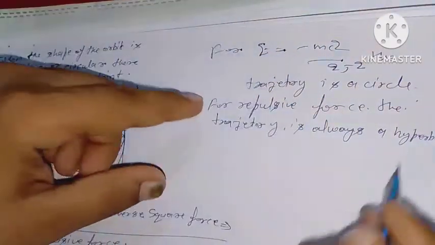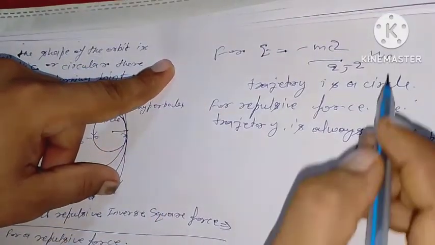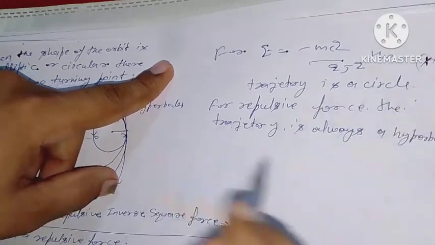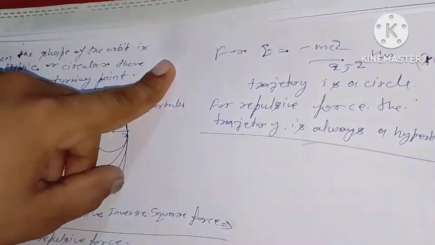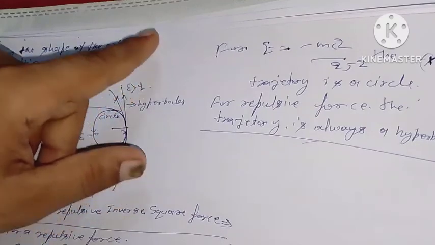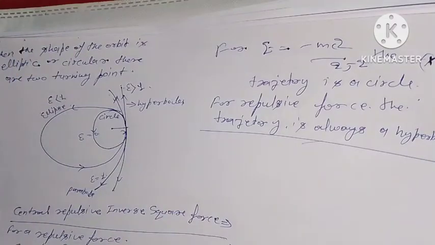This is equation number 11. Okay, and this is the proof. Next we study the shape and size of the elliptic orbit.